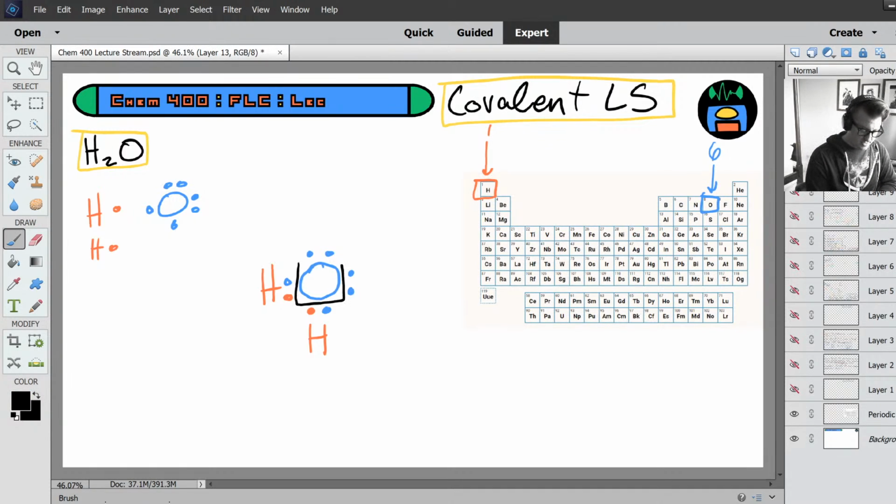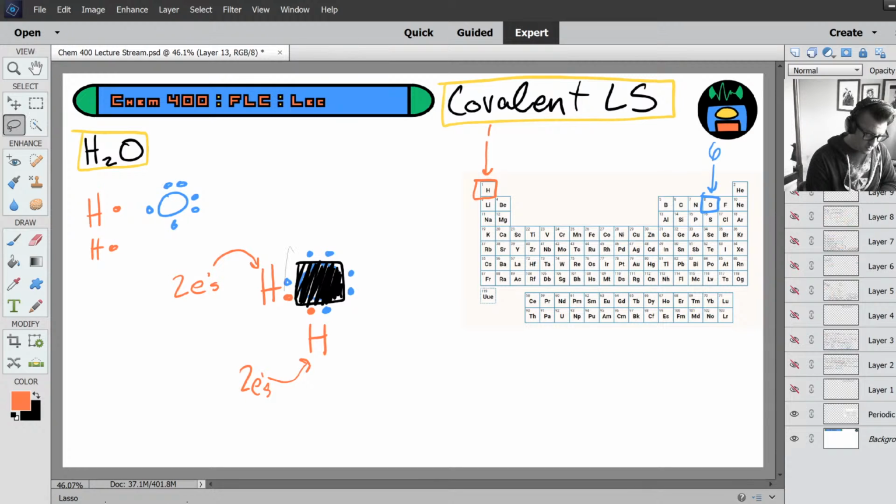Now, when you play this blackout game like we did before, if you just look at hydrogen here, it has access to 2 electrons. Same with this hydrogen. It has access to 2 electrons.